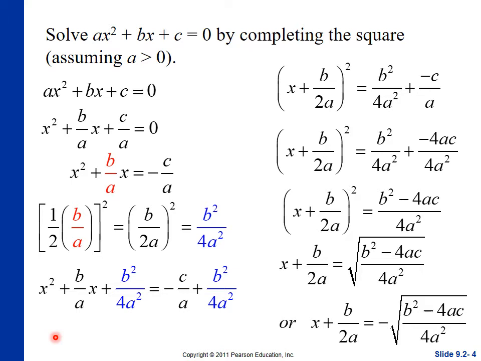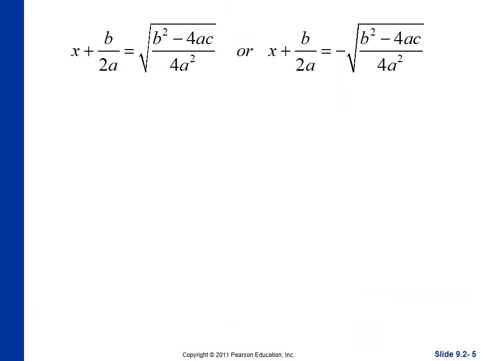Now we're going to take the square root of each side. So x plus b over 2a is equal to the square root of b squared minus 4ac over 4a squared. Or it's going to be negative. So it's either going to be positive or negative. So now we split this into 2 problems.